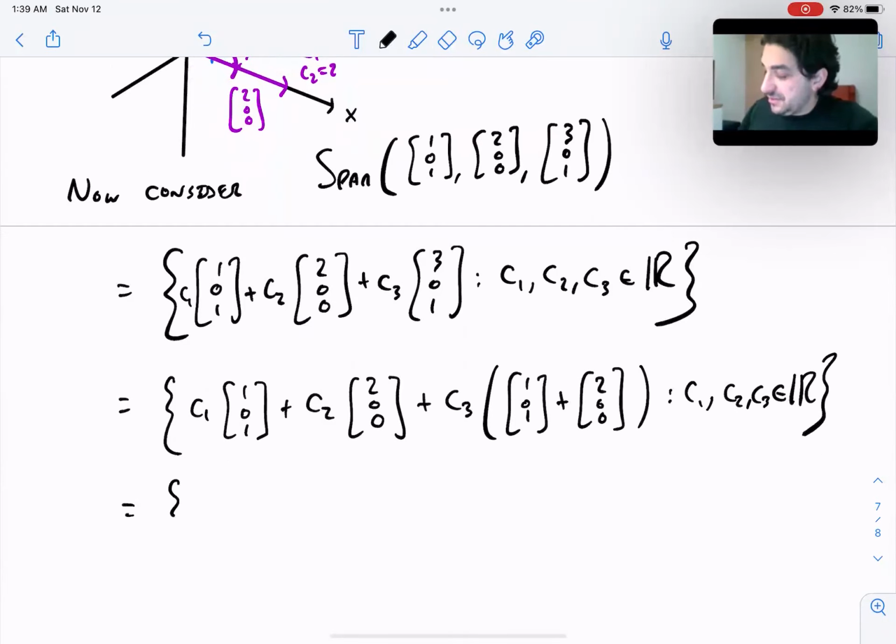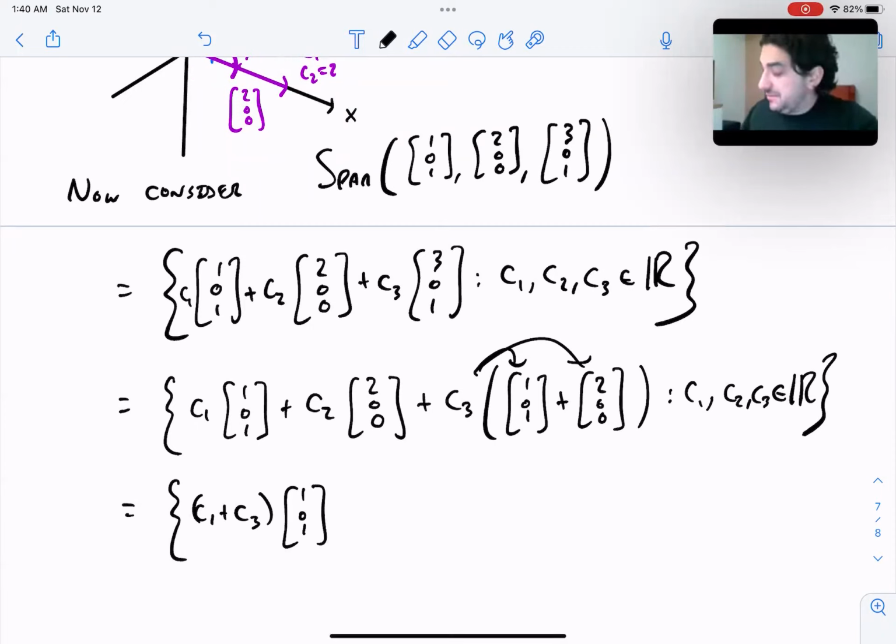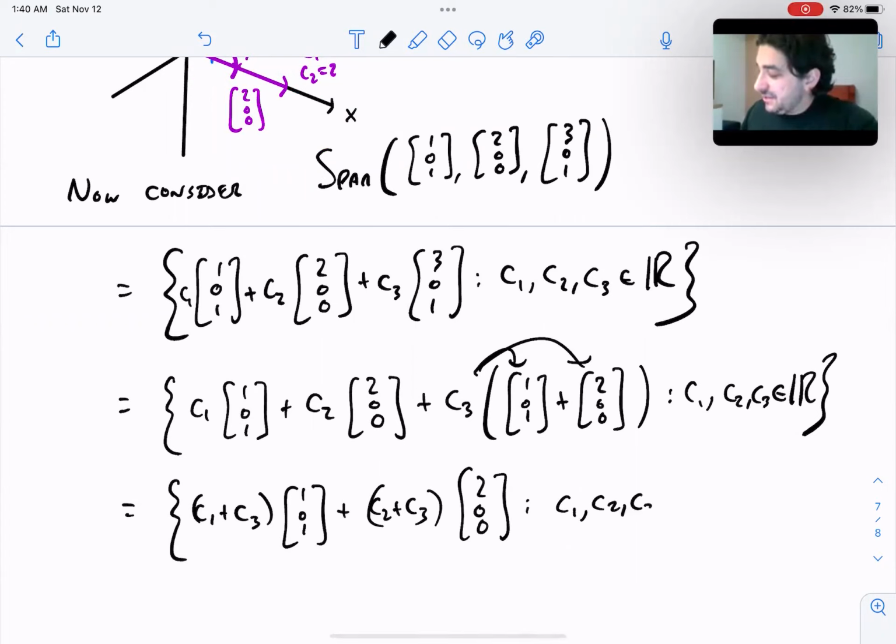Now you could do a little bit of distributing and combining like terms. Well, that's just (c1 plus c3) times (1, 0, 1) and (c2 plus c3) times (2, 0, 0), where c1, c2, and c3 are all real numbers.